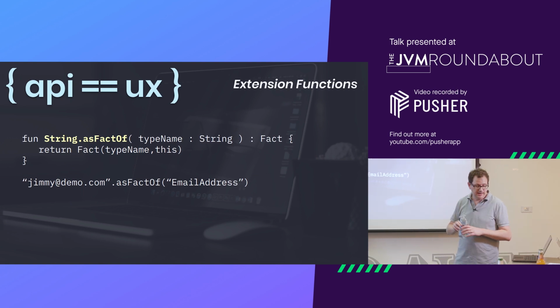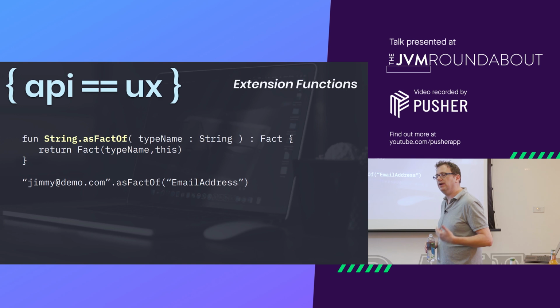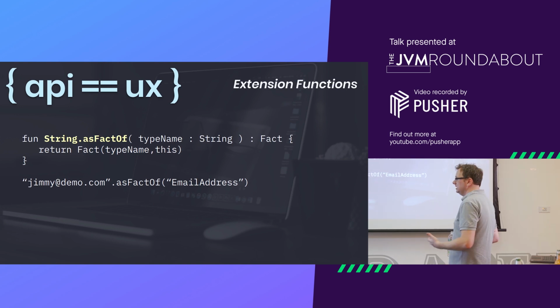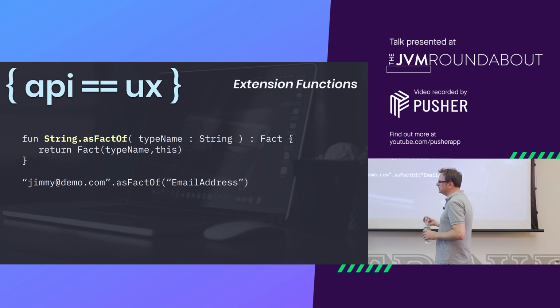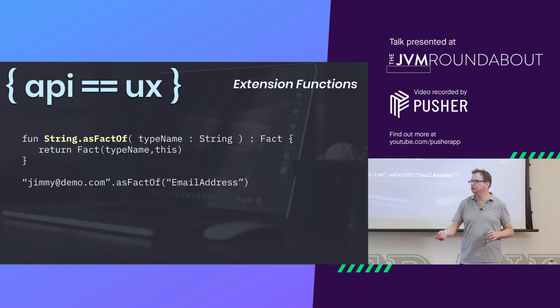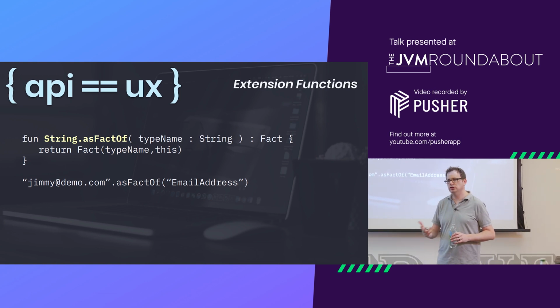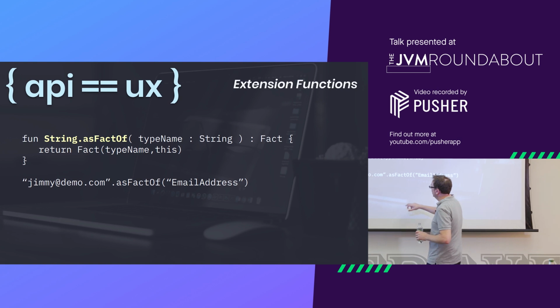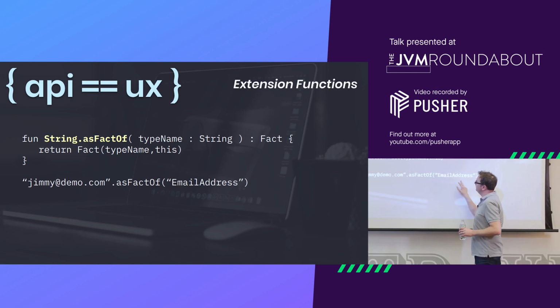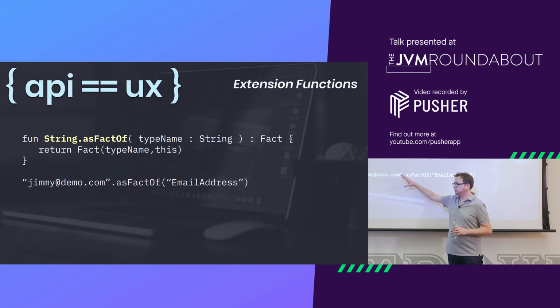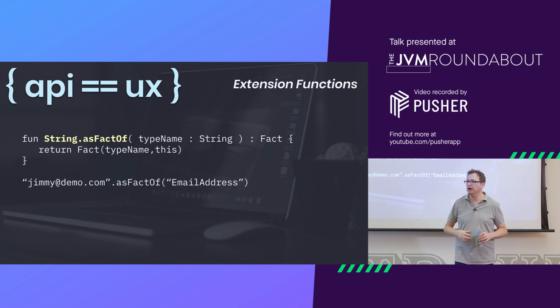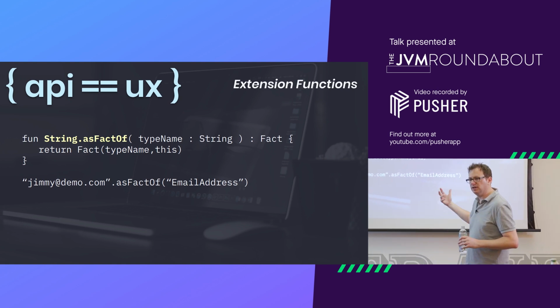Extension functions are a big part of how we design and ship our SDKs. Extension functions are just the ability to take a bit of code and attach it to a class that someone else has produced. You saw that just before, where we were taking a string and describing it as a fact. You can just make this code available by dropping a jar into the classpath, and all of a sudden you have this ability to extend.